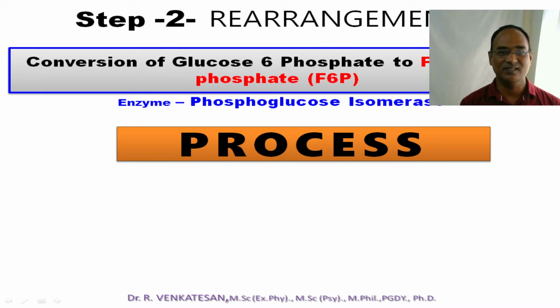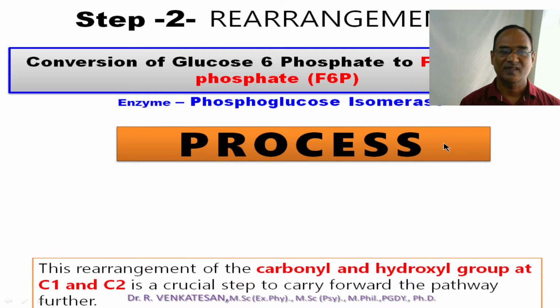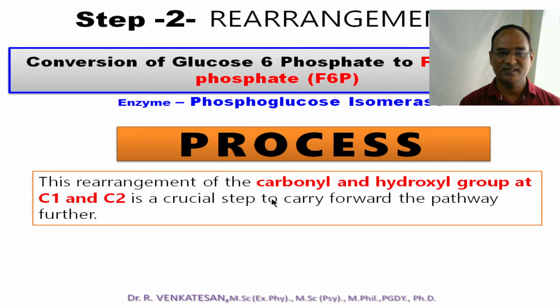This is the rearrangement stage, where glucose 6-phosphate can be converted into fructose 6-phosphate. So there is nothing changed; the arrangement is going to change with the help of phosphoglucoisomerase. This rearrangement involves the carbonyl and hydroxyl groups at the C1 C2 position in the 6-carbon chain.